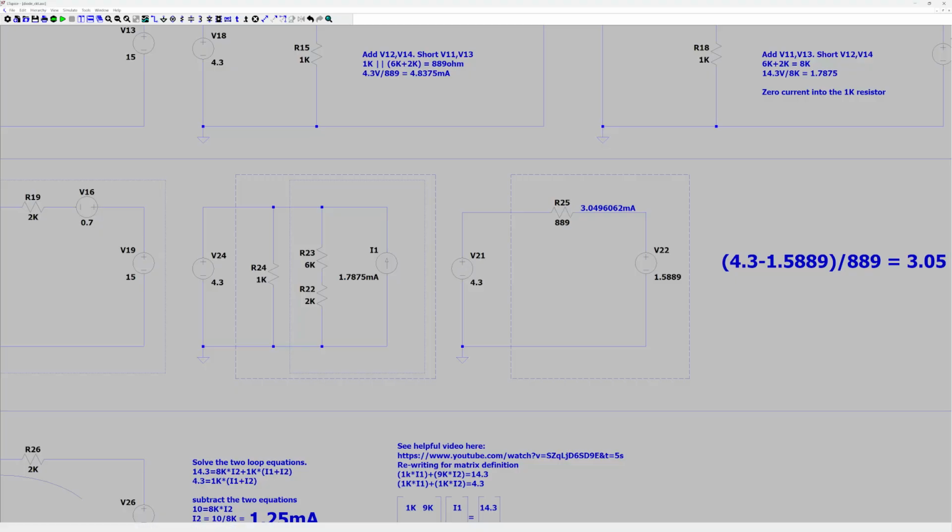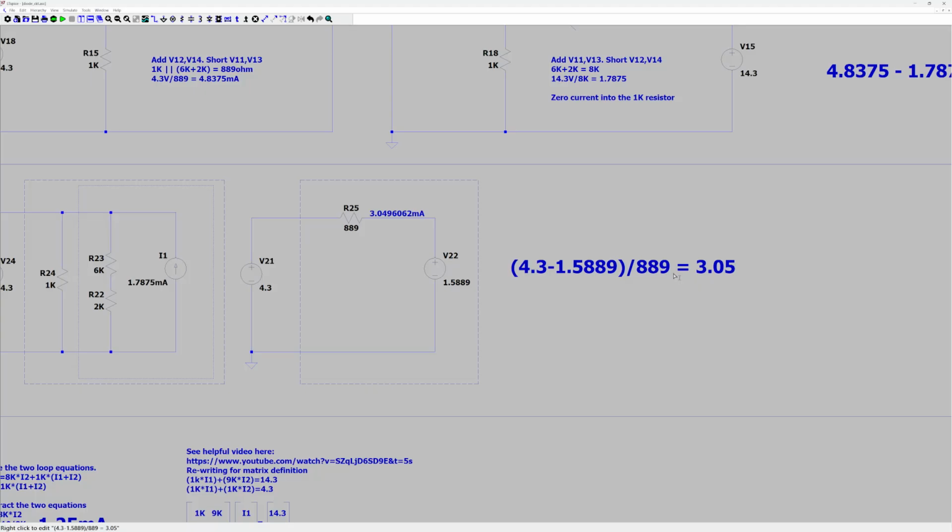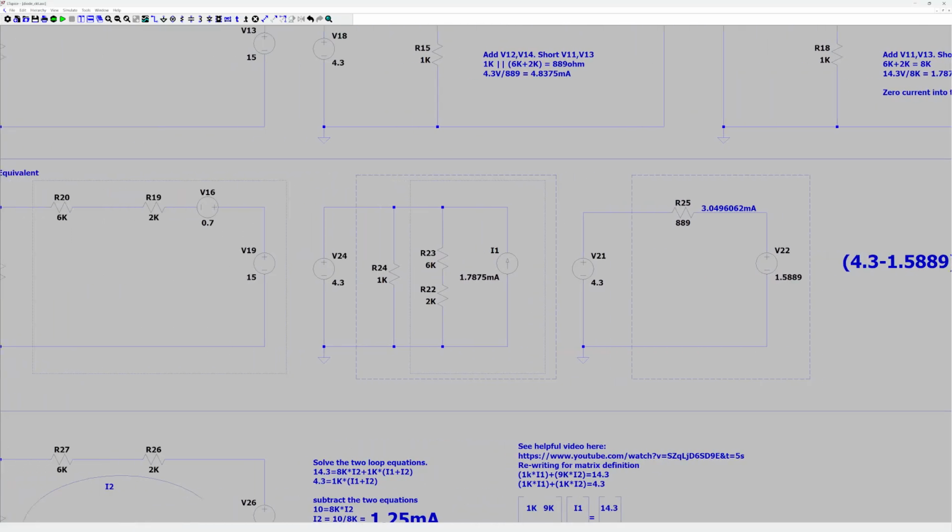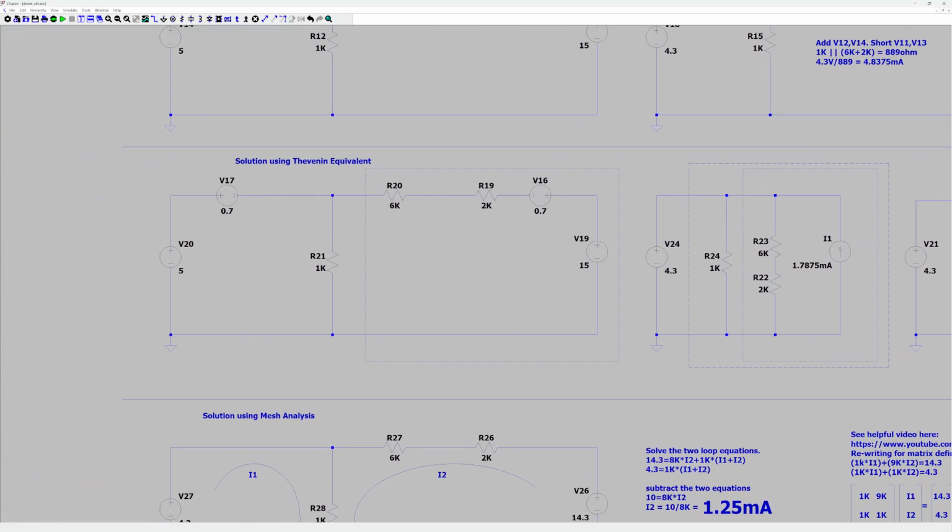And when you run that calculation, 4.3 minus 1.5889 divided by 889 gives you 3.05 again. So that is a way of doing it using Thevenin equivalence, where you convert between voltage and current sources and back again.